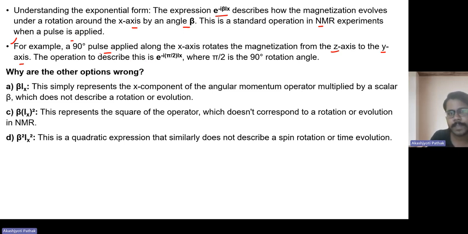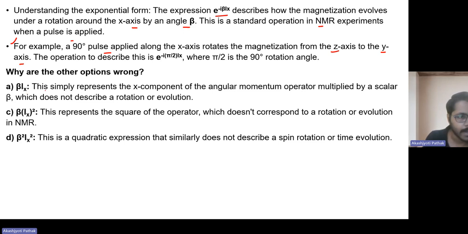The operator will be equal to e to the power minus i theta Ix, where in place of theta I put pi by 2, and the pulse is applied along the x-axis.